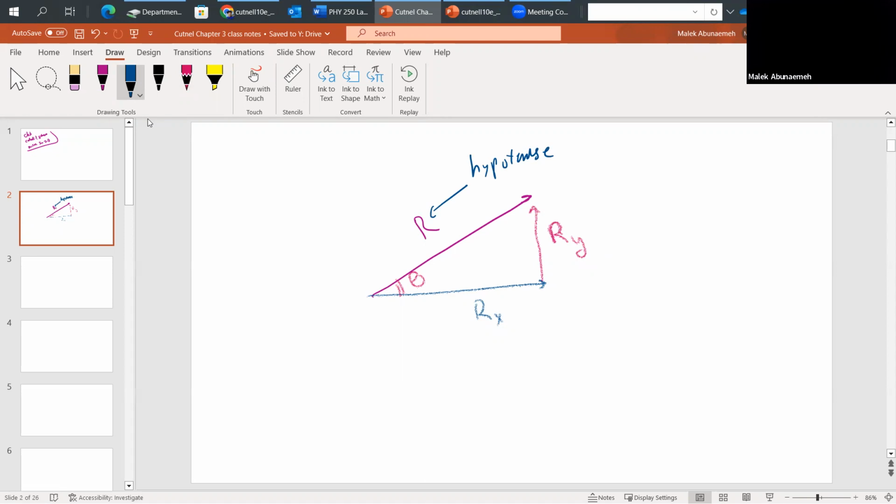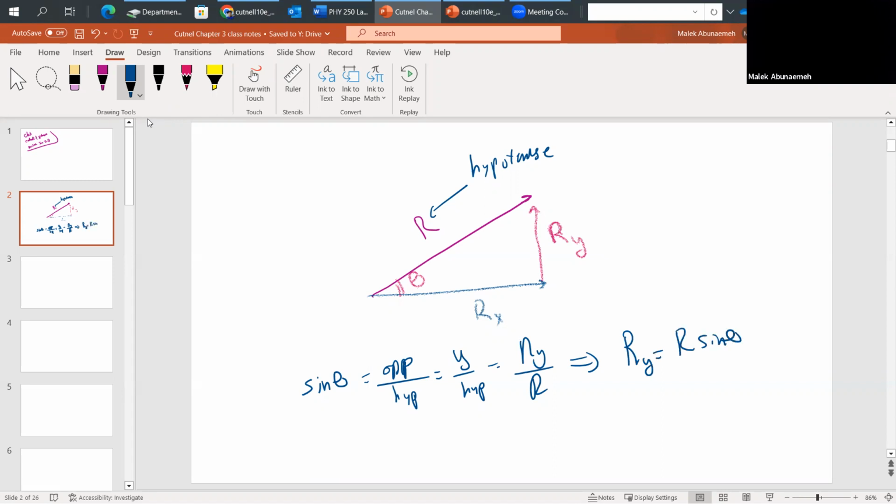Okay. And we talked about the angle: sine theta is your opposite over hypotenuse, which in this case is your y over hypotenuse, which would be your R_y over R. That's why the y component of your R vector is going to equal R sine theta.